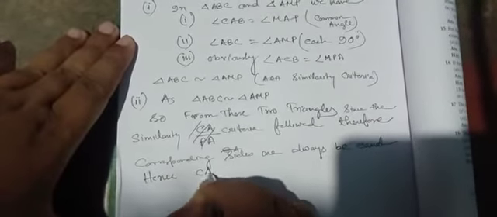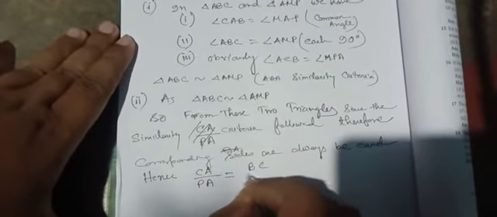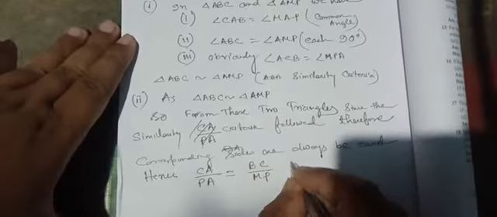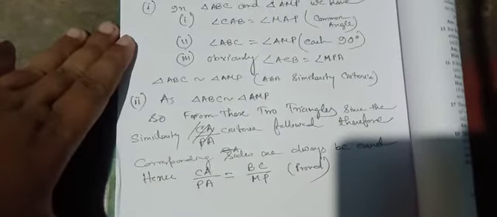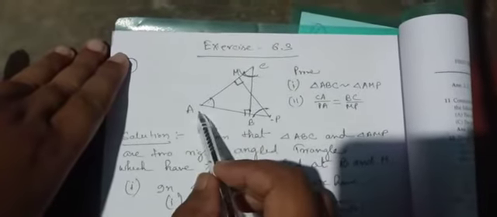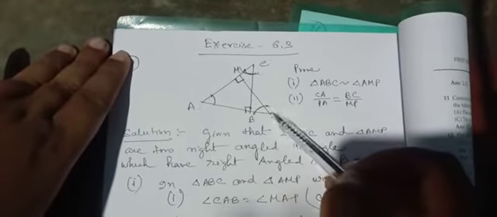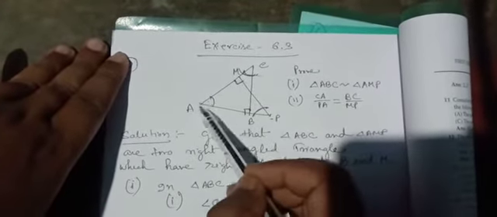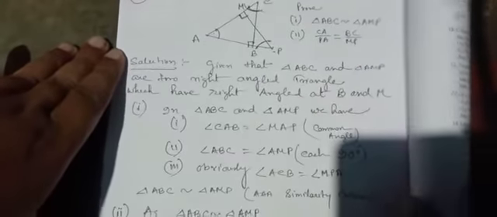Hence CA by PA equals BC by MP. Proved. This side by this side will be this side by this side, since these two triangles are similar.